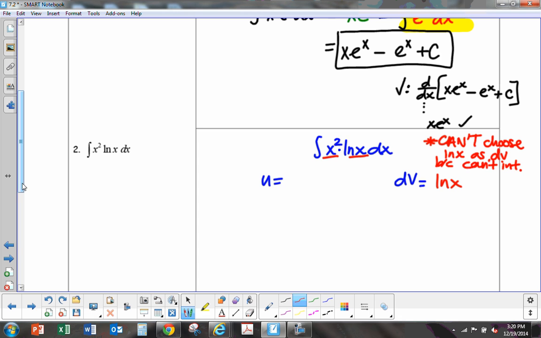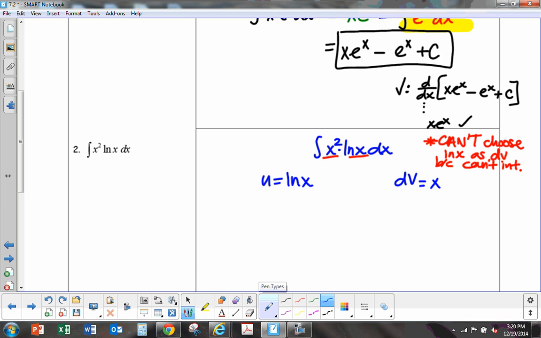That's a problem. So I need to make sure that whatever I pick for dv, I'm actually able to find its integral. So that means in my problem that u is going to be natural log of x because I know how to differentiate it.